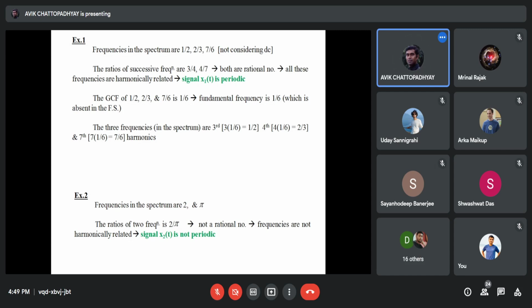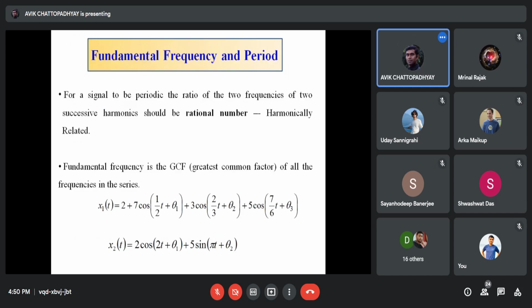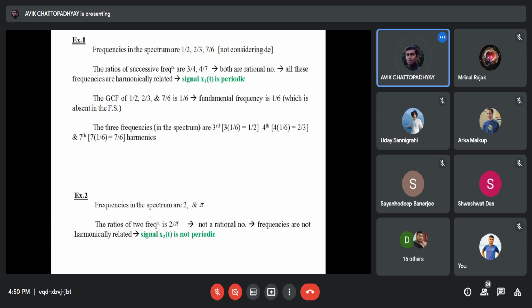For half, if you multiply 1/6 by 3, that means 3 omega 0, you get half. So this is the third harmonic. Similarly, if you cross check, there is another component that is the fourth harmonic, and another component that is the seventh harmonic.